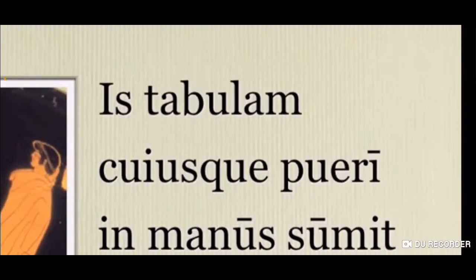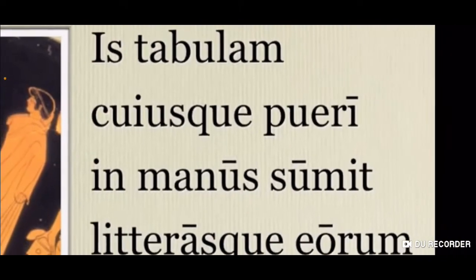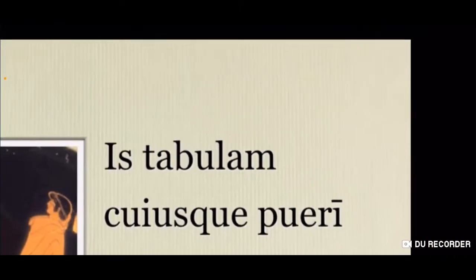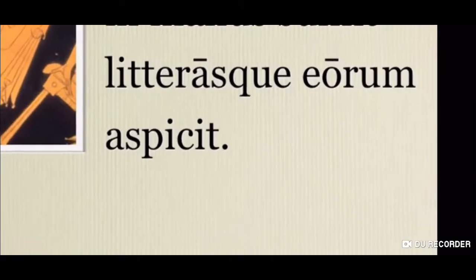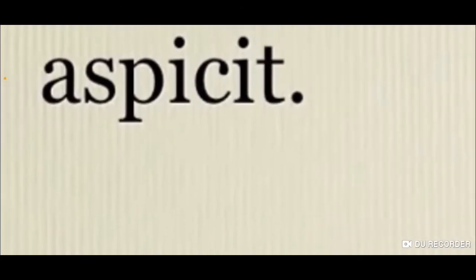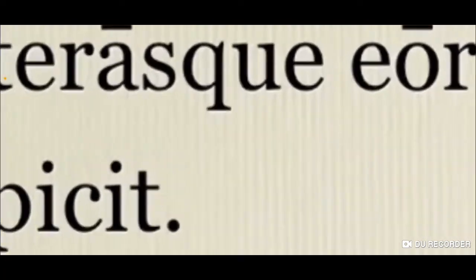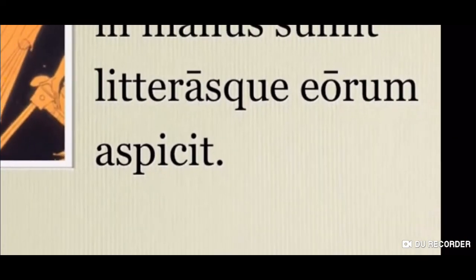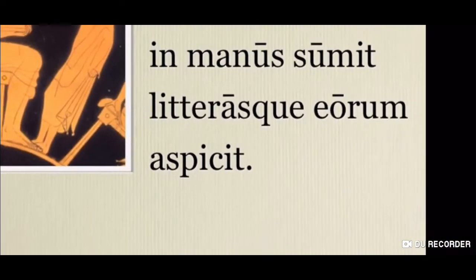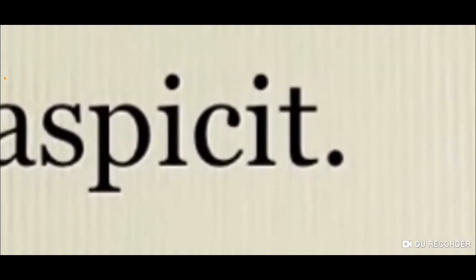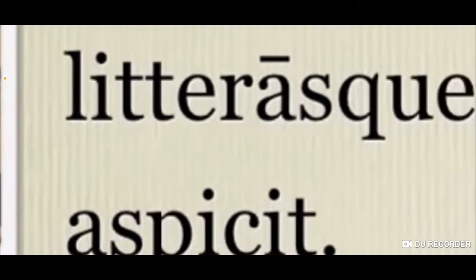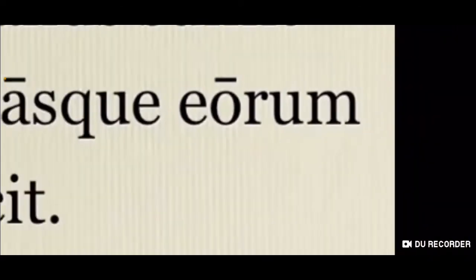Sumit: picks up with his hand, in his hand, each of the boy's tablets. Looks, basically, that -que, you can say that, and looks at, I speak it, litteras eorum, their letters.